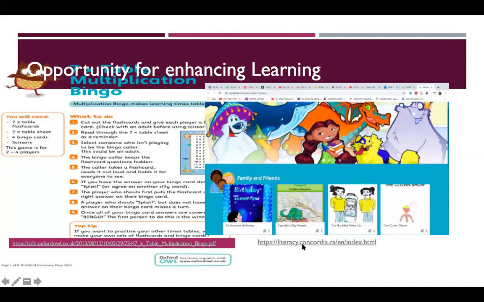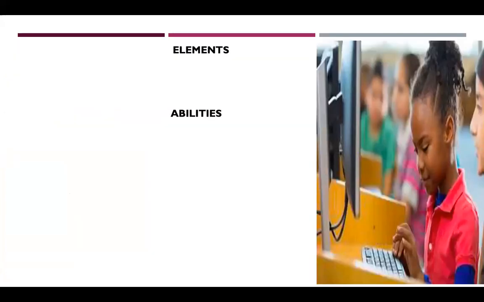If they are not, then they can ask the software to help them sound out the word, okay? So this is just one of the softwares. Again, OUP has a lot of this that we can use to increase our children's reading abilities, mathematical abilities, environmental activities, and so on.